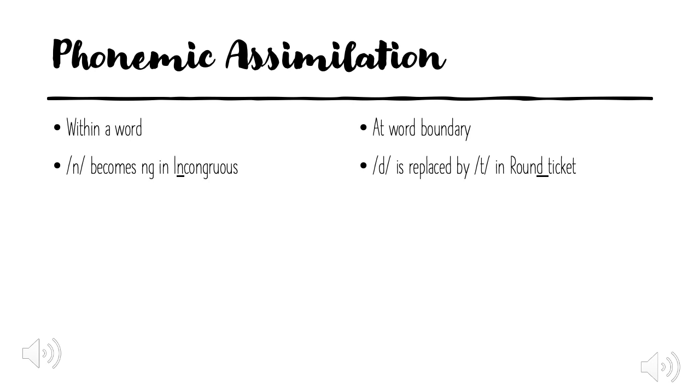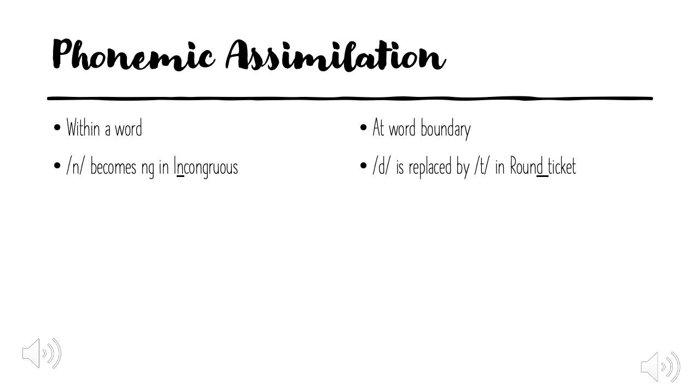Remember the partial and total assimilation. In total, a phonemic assimilation would be a total assimilation. You have the d changing entirely and becoming t. Round ticket. It's not round ticket where you have only one sound. There definitely is a t sound, the d changes to t. So it is an example of a phonemic change at a word boundary.